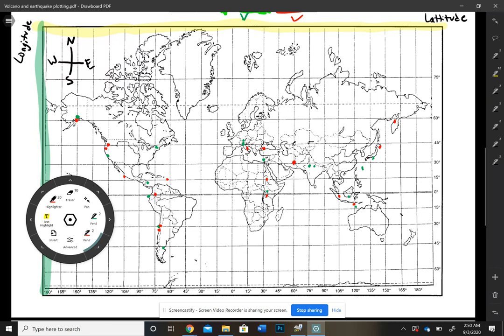I am not going to give you the answers to these. 2. Discuss the distribution of earthquakes and volcanoes in relation to the continents. Are they near the middle of the continents or where? Describe.